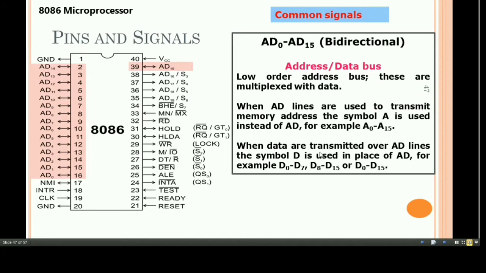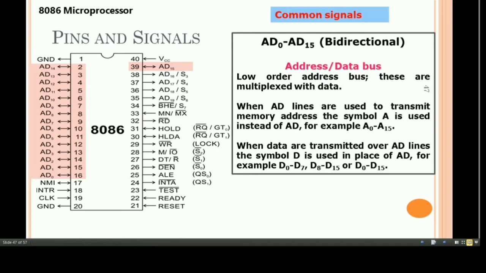By multiplexing it, the 42 pins are reduced to a very small number of pins, means 42 pins are reduced to 21 pins only.